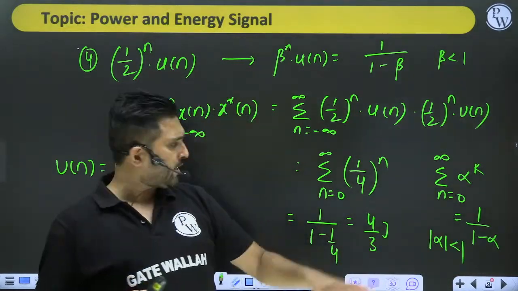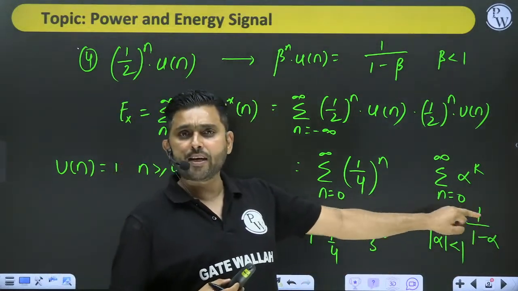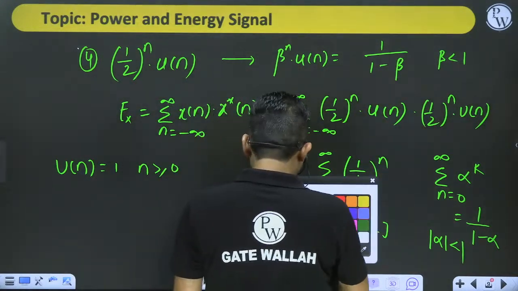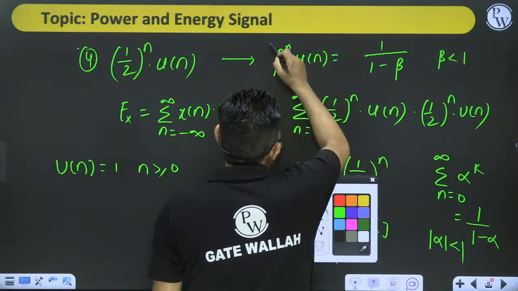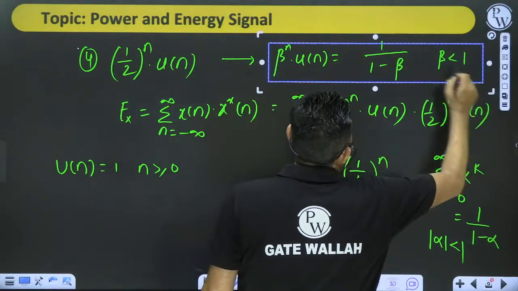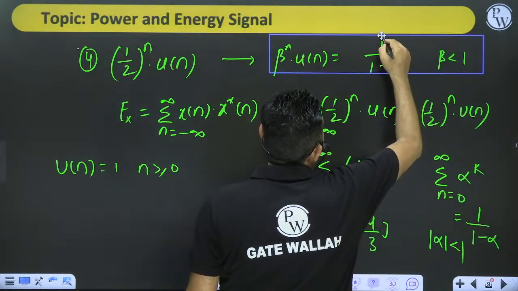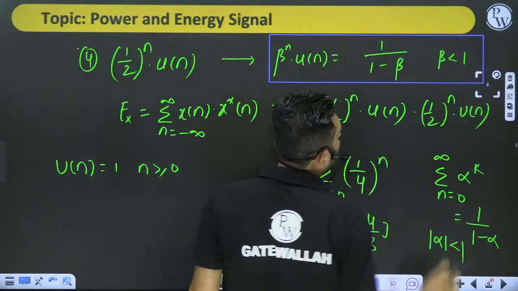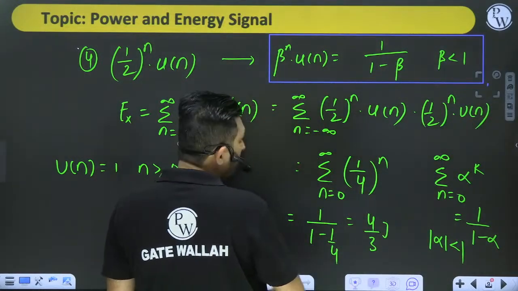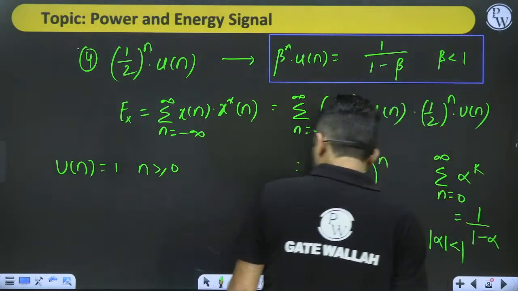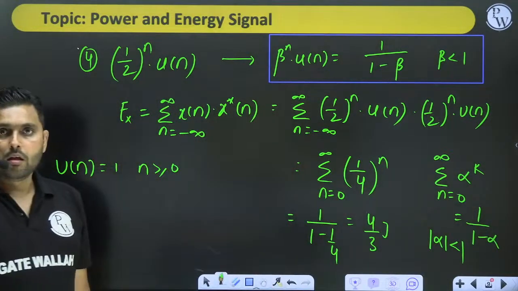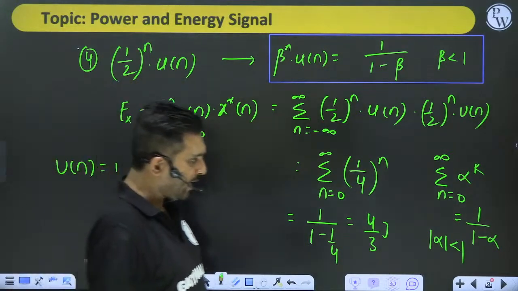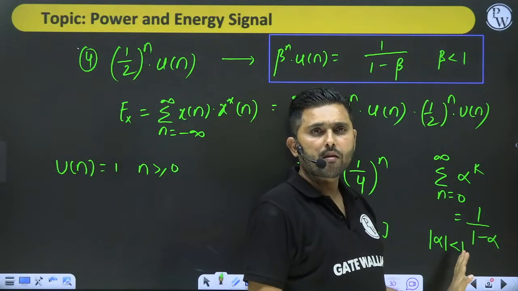The value of this infinite GP series becomes infinity. So that only exists, mind it, when the beta, whatever the value you are taking, is less than 1. Is it clear?